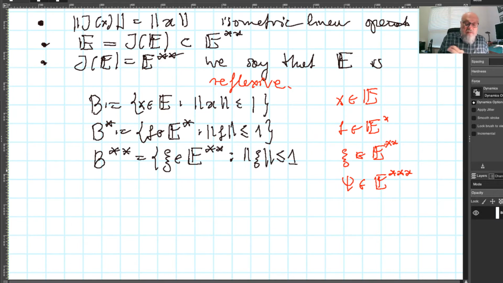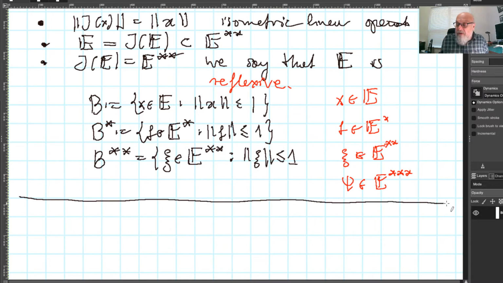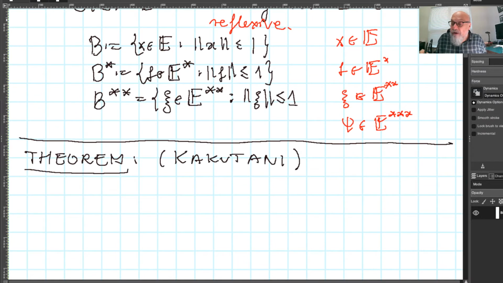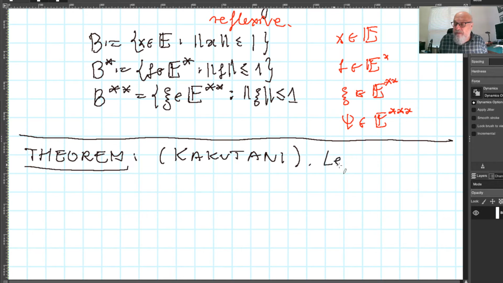So let me start with the main theorem for today. This main theorem is called the Kakutani theorem. We have the following formulation. Let E be a Banach space.